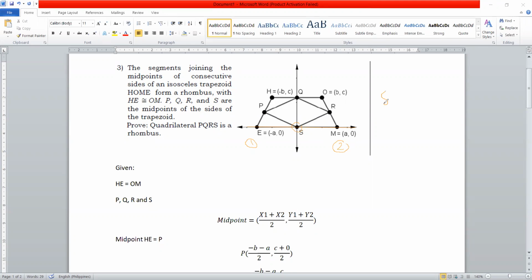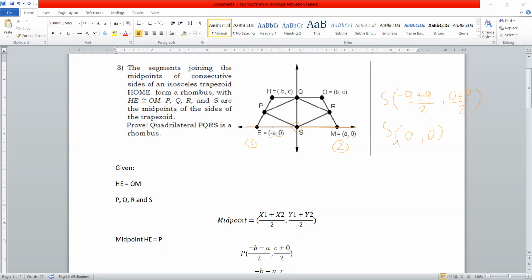We have here S, so that's negative A plus A over 2, and you have there 0 plus 0 over 2. Simplifying this further, negative A plus A is like A minus A, so that's 0 divided by 2, which is just 0. And of course, 0 plus 0 is 0, divided by 2 is still 0.